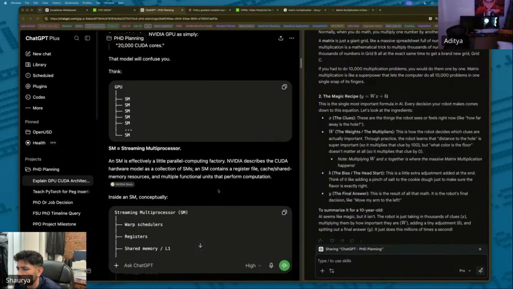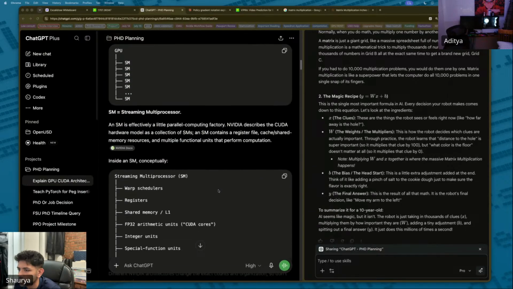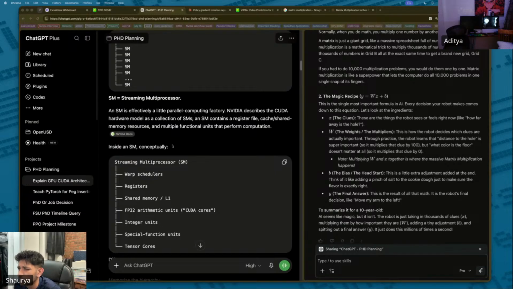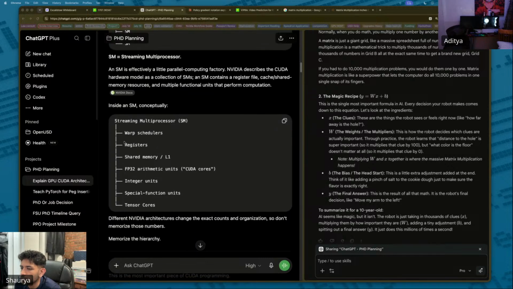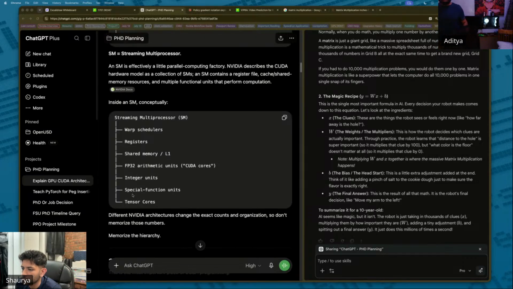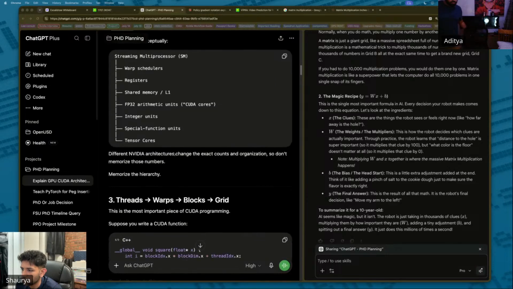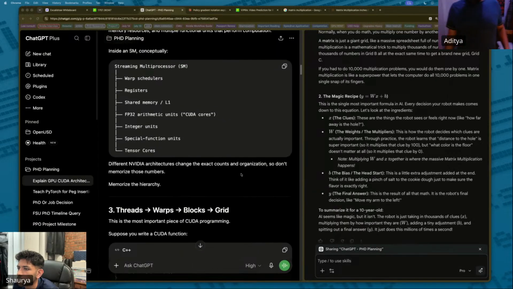An SM contains a register file, cache, shared memory resources, and multiple functional units that perform computation: warp schedulers, registers, shared memory, FP32 arithmetic units, CUDA cores, integer units, special function units, tensor cores. Different NVIDIA architectures change the exact counts and organization, so don't memorize those numbers, memorize the hierarchy.